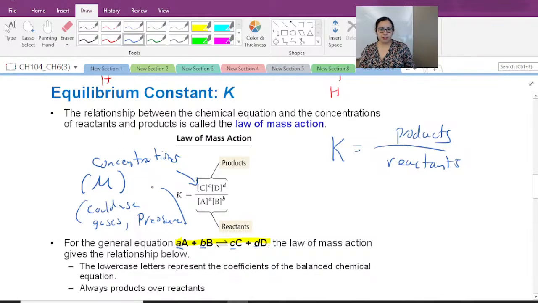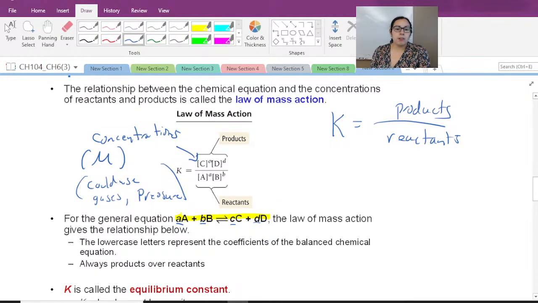But we'll mainly focus on molarity. Then you multiply by your other product to the power of its coefficient, all over your reactants, each to its appropriate power.